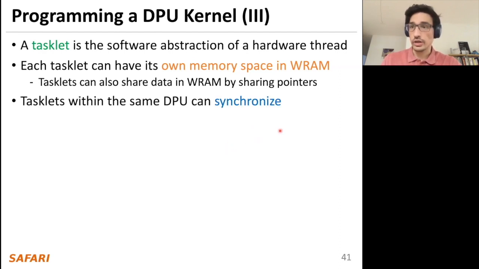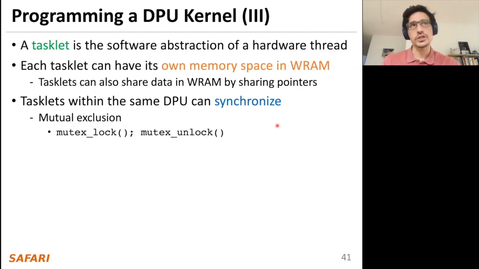And one important thing in order to be able to share data in WRAM is that the threads should have the ability to synchronize. And there are different ways. The UPMEM SDK provides different ways of synchronizing the tasklets. The first of these is mutual exclusion, a way of defining a critical section in the code which can only be accessed by one tasklet at the same time.